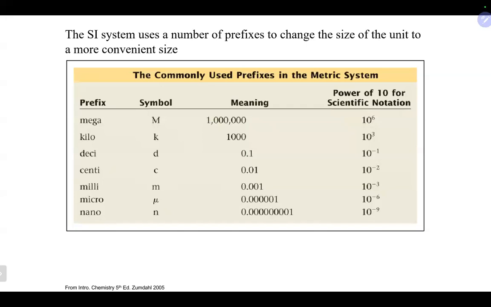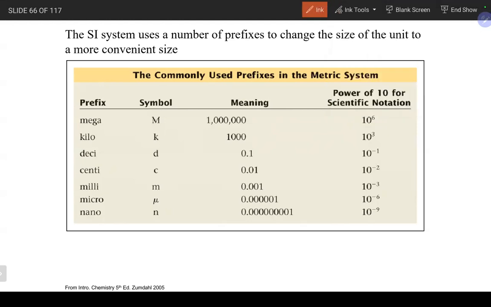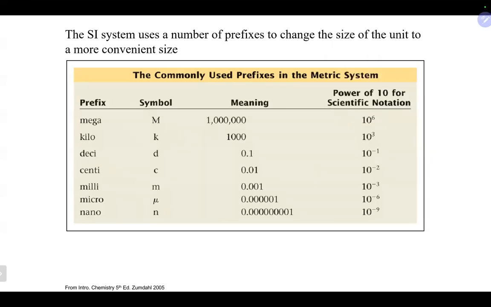All right, so I think we talked a little bit about this last time, but this again is the way we change our metric system. And I think they kind of want you to use these, but you can use these as well. More importantly, as we talked about, you want to make sure that you do it correctly. So once again, if you had 1 centimeter, that would be 10 to the minus 2 meters.